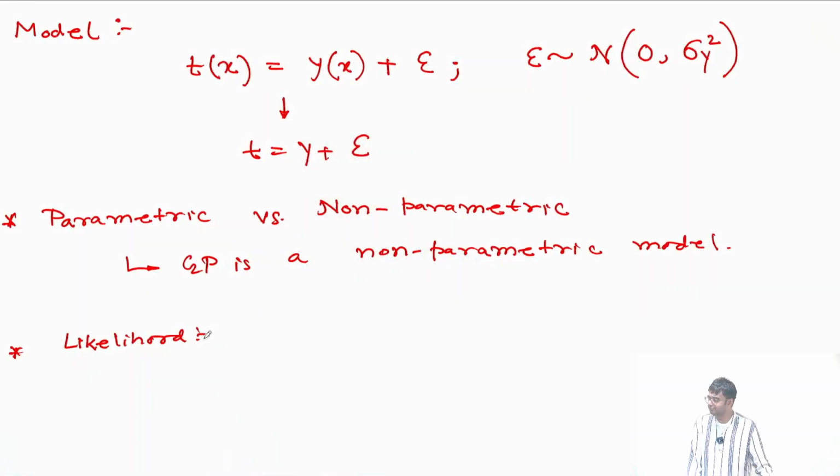Let's take an example. How likely is it that a coin will yield head? That means you are trying to find out the probability of head. What is my parameter theta? It is p. You have tossed the coin n number of times and got some head, tail, head, tail. What is the probability of D given theta?